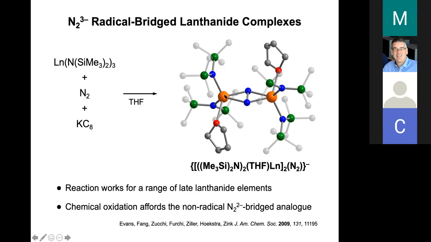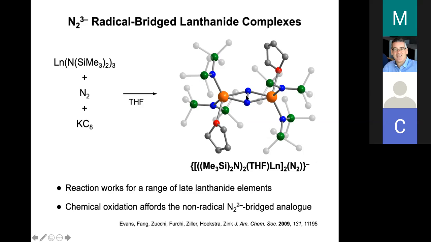In this complex, the orange spheres here are lanthanide ions. And here you have on each end 2 amide anionic ligands, and then a THF neutral ligand. And overall, you have a 1- charge.